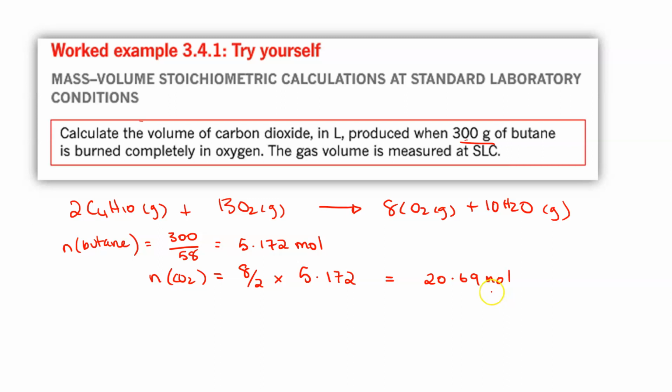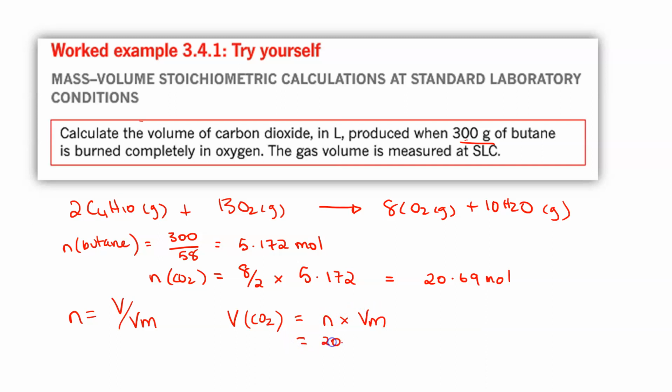Now we just want to plug this into our new equation that we're using, which is n is equal to V on Vm. We want to rearrange to find the volume. So V of CO2 is going to equal n times Vm.